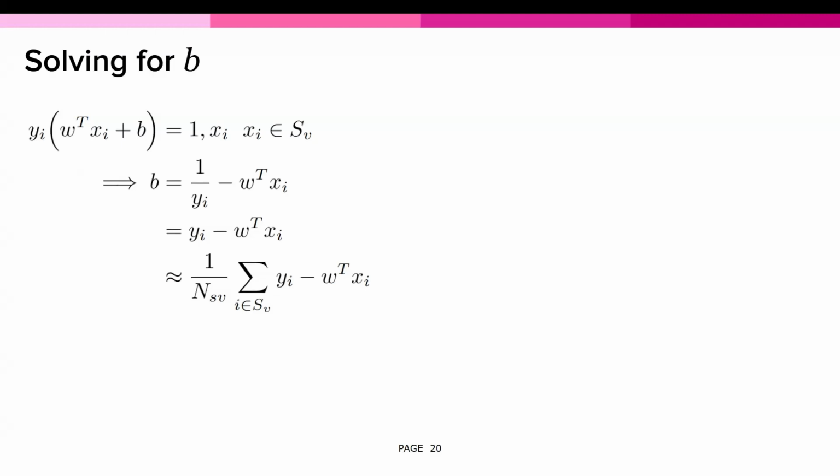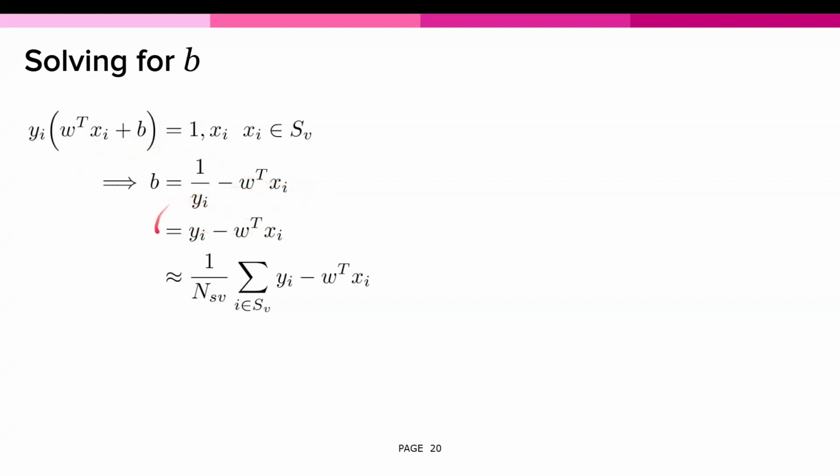Here we can exploit the knowledge that for any point that is a support vector, the decision function evaluated at that point is 1 for points in one class and -1 for points in the negative class. This condition holds because support vectors lie exactly on the margin, and it's where the classifier's confidence is highest. And so we can rearrange this equation to solve for the bias term B.